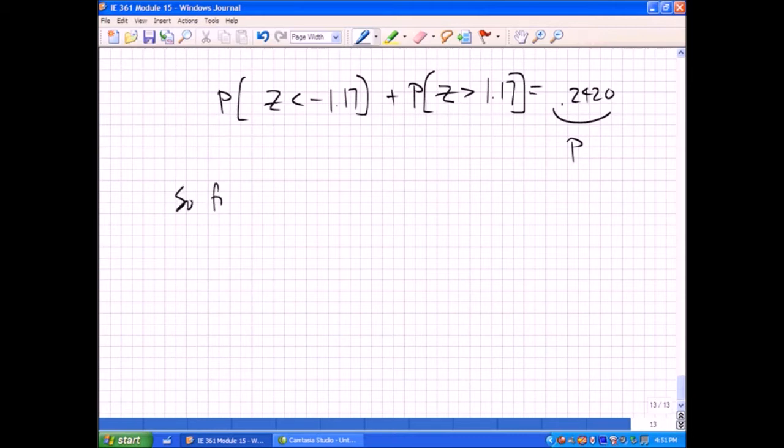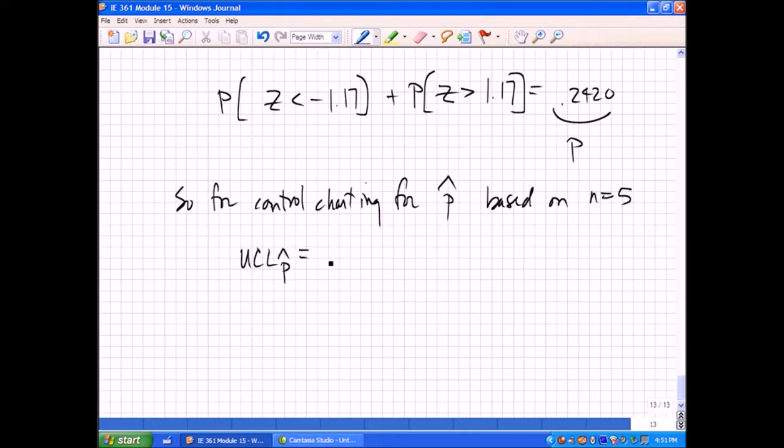So for control charting, for p hat based on, say, a sample of size 5, the upper control limit for p hat is going to turn out to be 0.2420 plus 3 square roots of 0.2420 times 1 minus 0.2420 over the sample size, which in this case is 5.